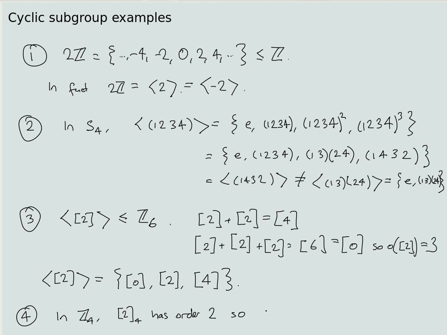So this time the cyclic subgroup of the integers mod 4 generated by 2 would just be the identity, that's the class of 0, and the class of 2. Okay, let's stop.